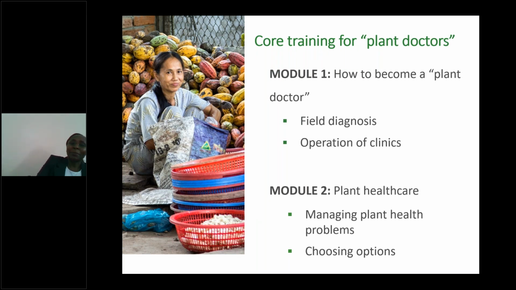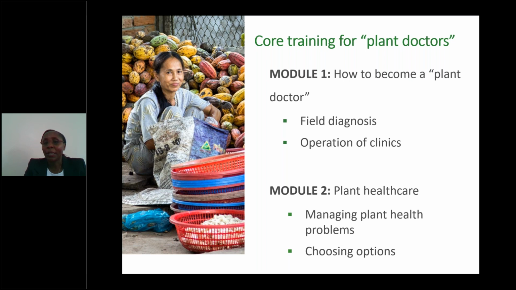So underpinning the program, we have capacity building components also. And one of them is training. We train advisory service providers, who in many countries are referred to as extension officers, in 2 modules. The first module is what we call how to become a plant doctor.